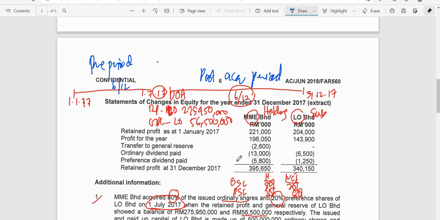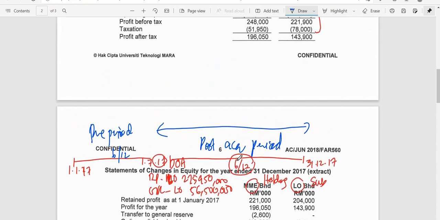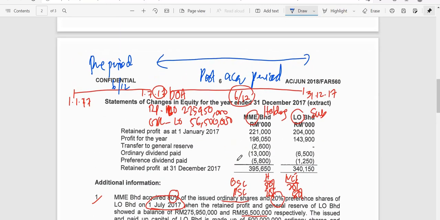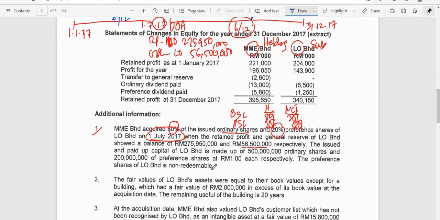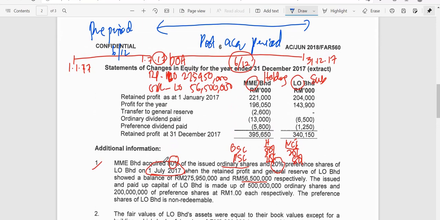Whatever income and expenses will be consolidated, those of the subsidiary will be those during the post-acquisition period only. And we are also going to take into consideration the intercompany transactions that happen during the post-acquisition period.